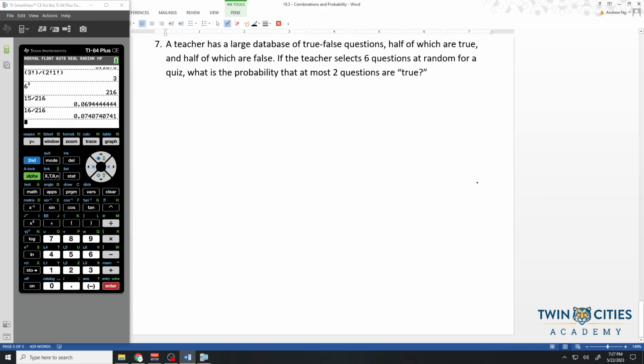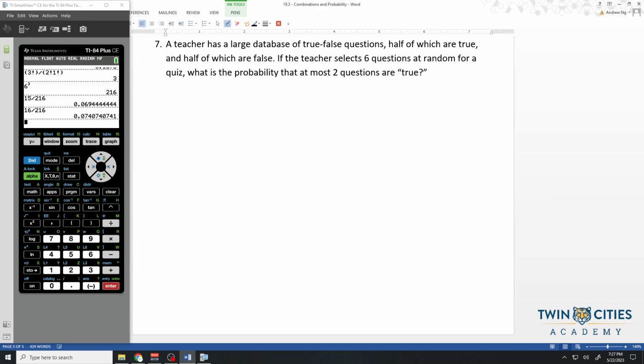Okay, lastly, a teacher has a large database of true-false questions, half of which are true and half of which are false. If the teacher selects 6 questions at random for a quiz, what is the probability that at most 2 questions are true? Okay, so again, 2 parts.